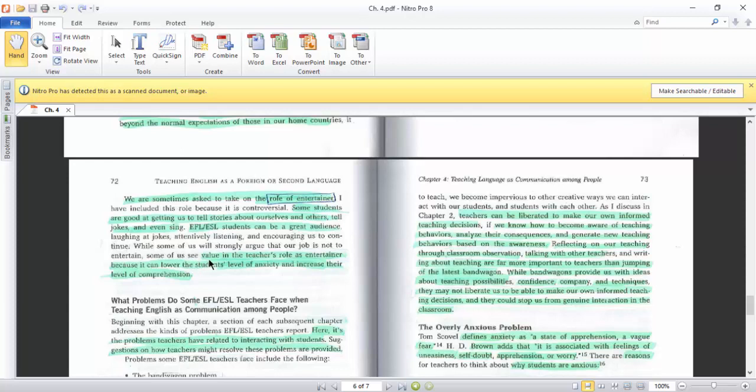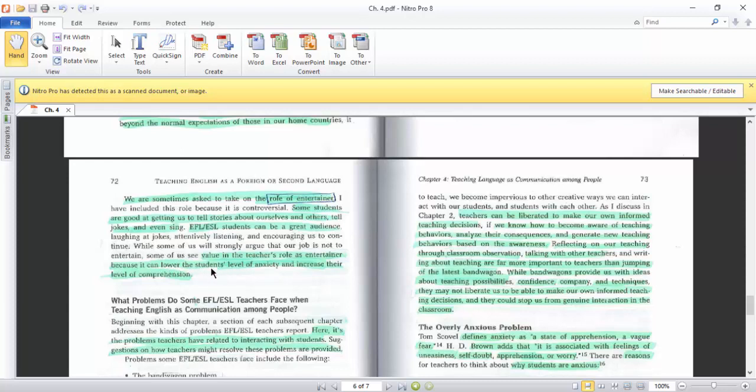We can see the value in the teacher's role as entertainer, because it can lower the students' level of anxiety.